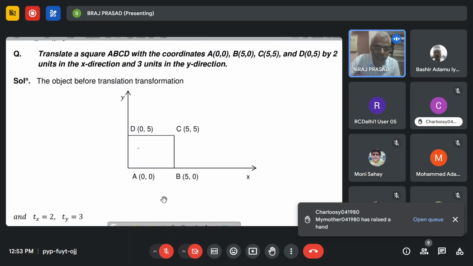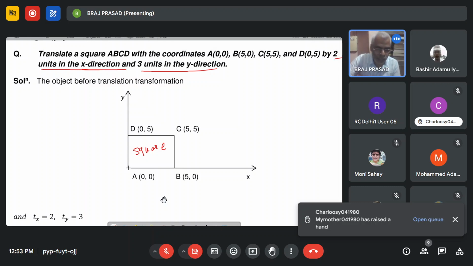This square object is moved 2 units in x direction and 3 units in y direction. It means this A is shifted 2 units in x direction.